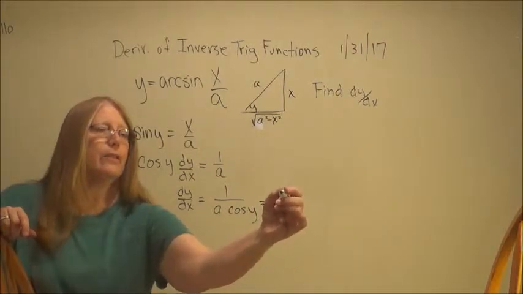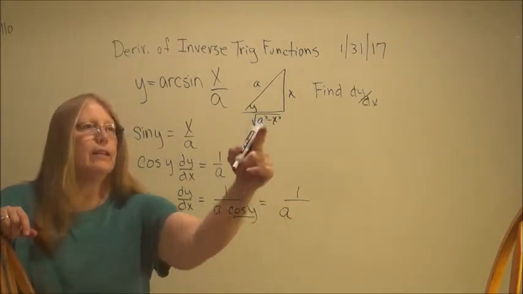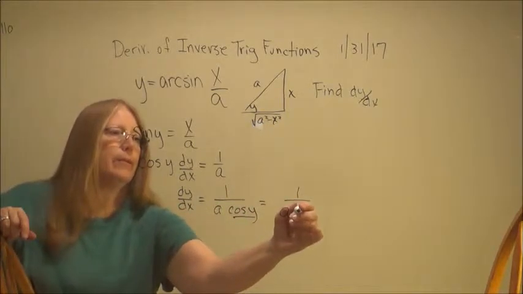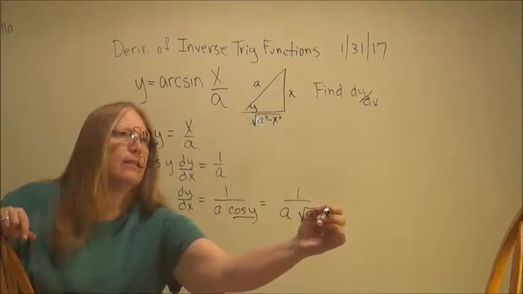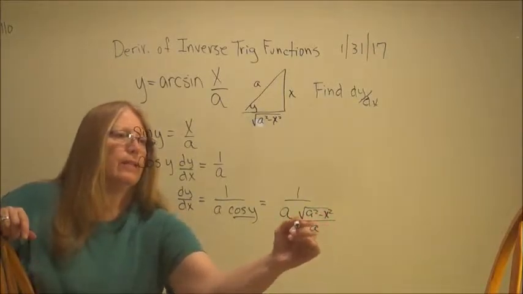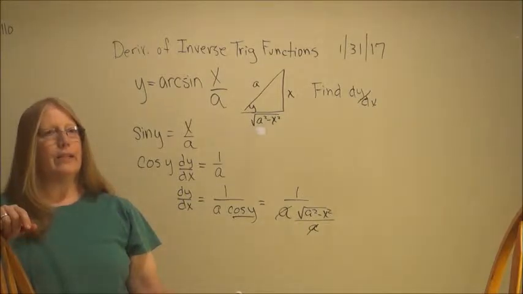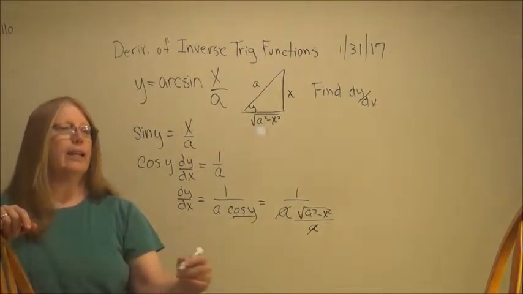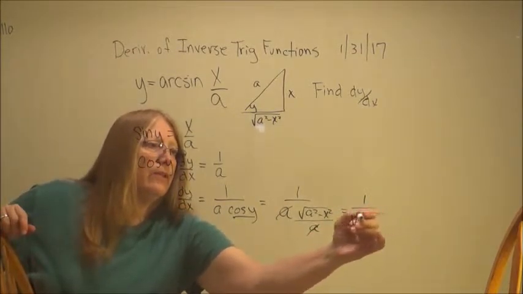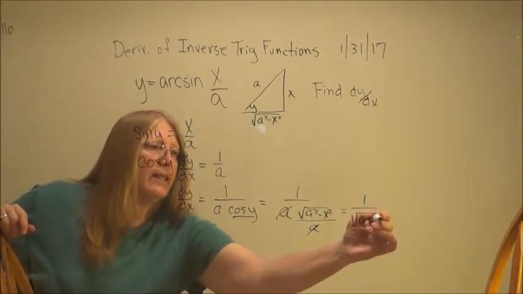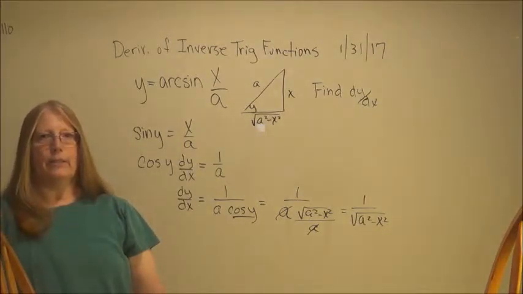So that is going to be equal 1 over a, but when I get here, for cosine of y, I'm going to put in, from my triangle, adjacent over hypotenuse. These a's cancel. So my final expression for dy dx is 1 over the square root of a squared minus x squared. So let's generalize that a little bit.